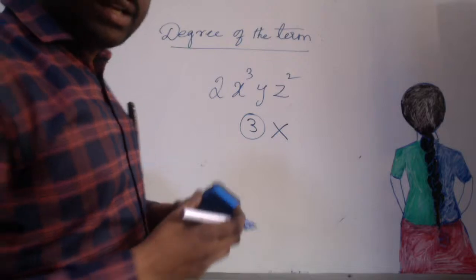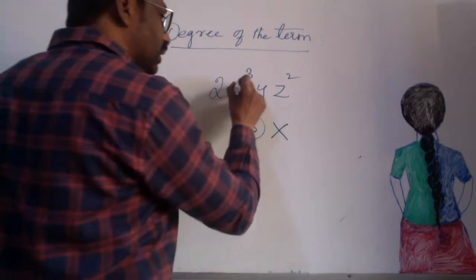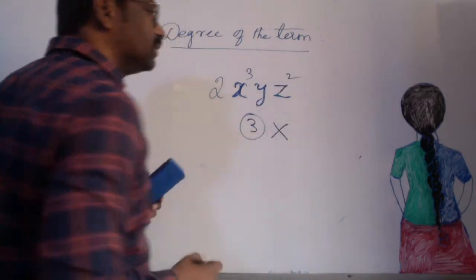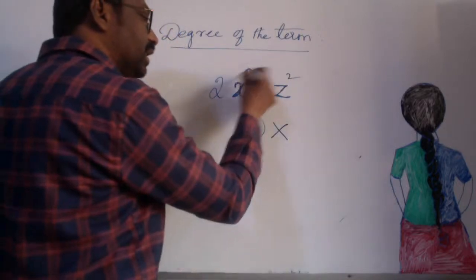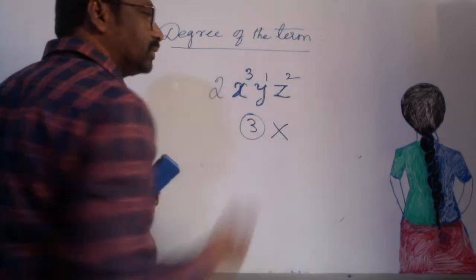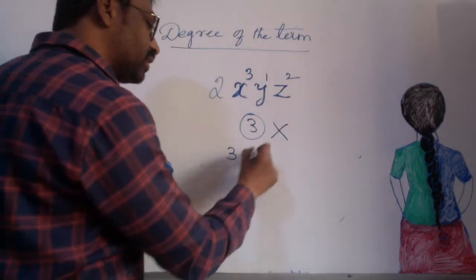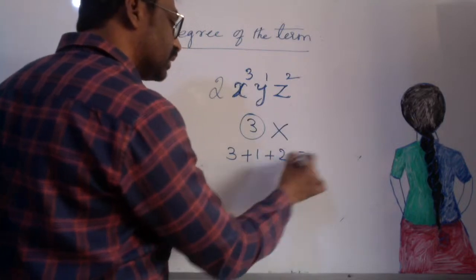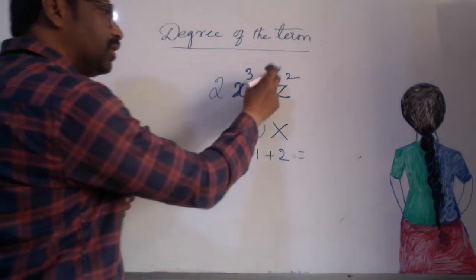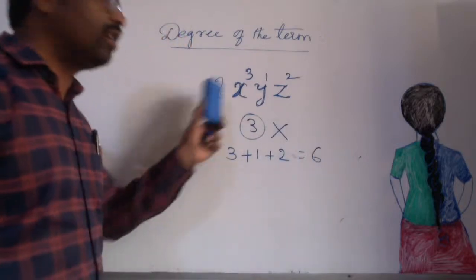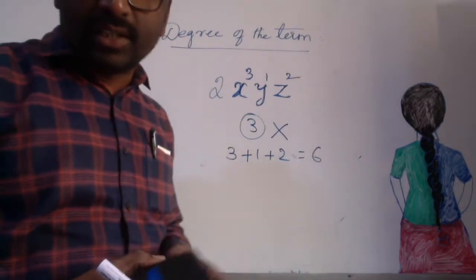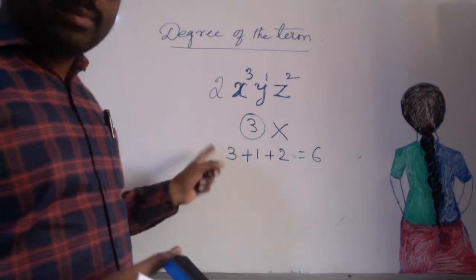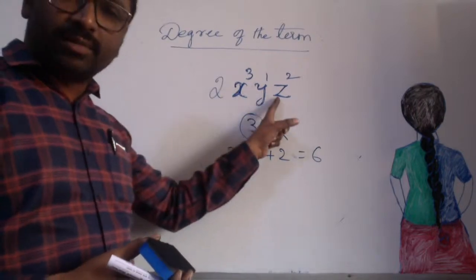So what is the correct answer? This term involves 3 variables x, y, z, and their powers are 3, 1 and 2. So the degree is the sum of the powers of all the variables: 3 plus 1 is 4, 4 plus 2 is 6. So 6 is the degree of that term. Keep in mind, the sum of the powers of the variables in a term is called its degree.